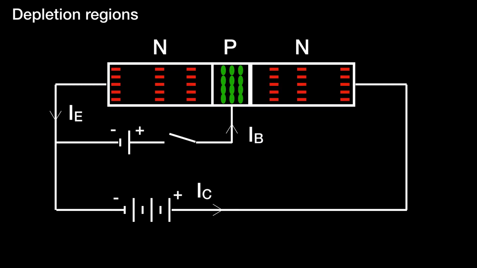With the switch open, no current flows into the base region and no current flows in the collector emitter circuit. This is due to the depletion region, principally between the base and the emitter.